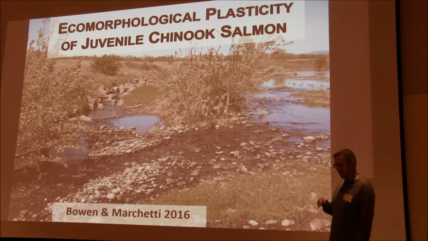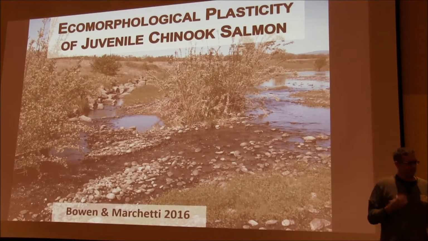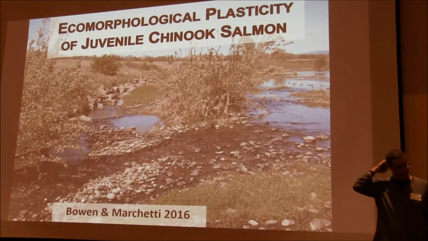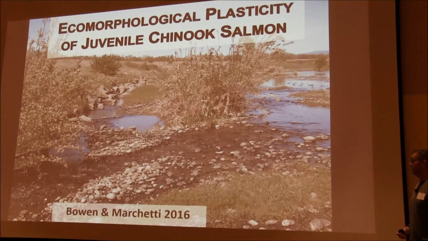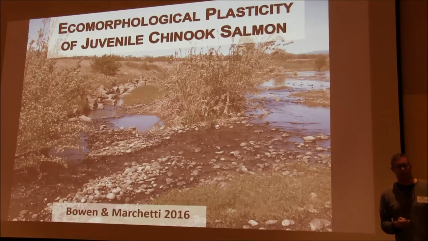And this led to another graduate student tackling what turned out to be an incredibly difficult project. Heather Bowen, who is now a PhD student in Montana, looked at ecomorphological plasticity in juvenile Chinook in the same locations.